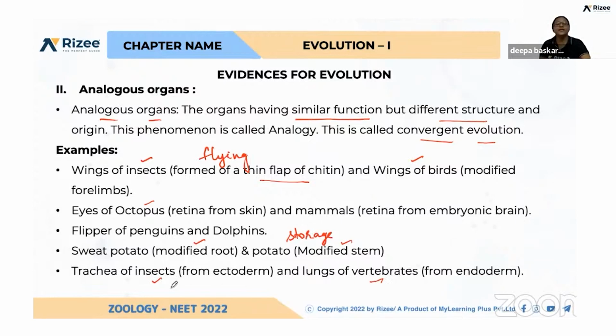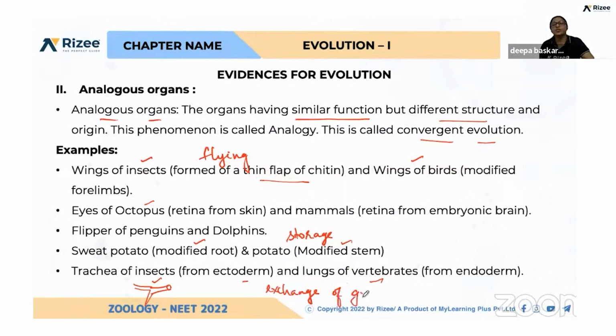Insects have tracheoles and a simple structure, but in vertebrates the lungs develop from endoderm, whereas the trachea develops from ectoderm, and the lungs have a complicated structure. But both organs do the same function, exchange of gases.